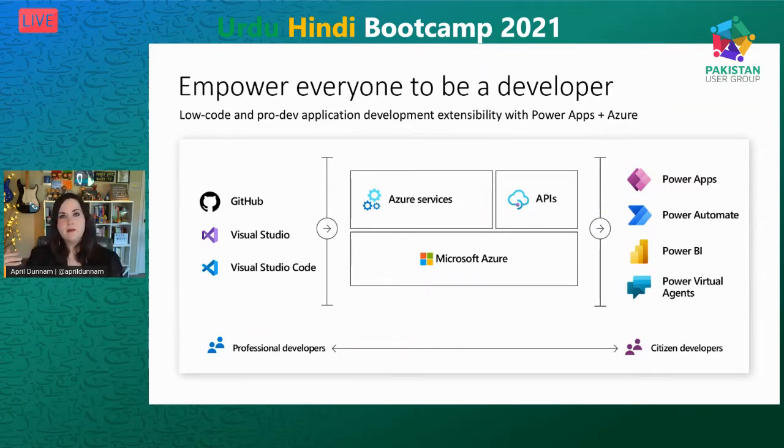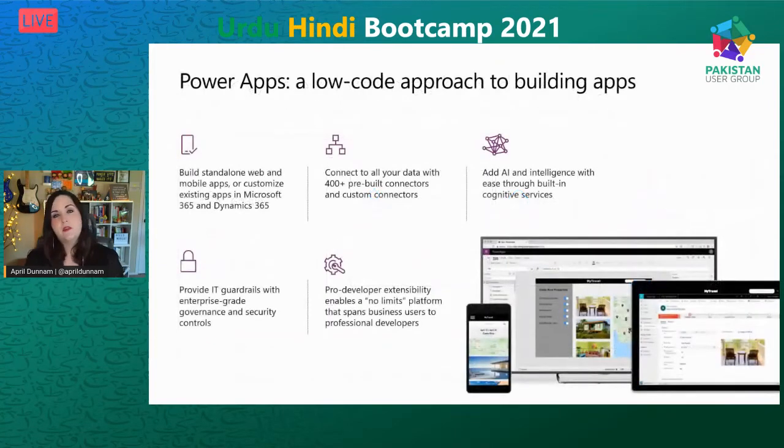So citizen developers and low-code devs can use some of the out-of-the-box functionality across the Power Platform stack with Power Apps and Power Automate and all of that. Professional developers have the ability to use the tools that we're already familiar with. Like I have a background in C#.NET development myself, so I already know how Visual Studio works, VS Code, GitHub. I'm used to those technologies. We can actually plug those in and integrate with Azure services and APIs and all of that into the Power Platform, which is what we'll be talking about mostly today.